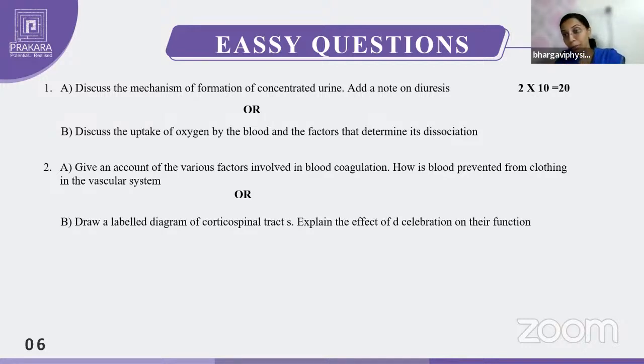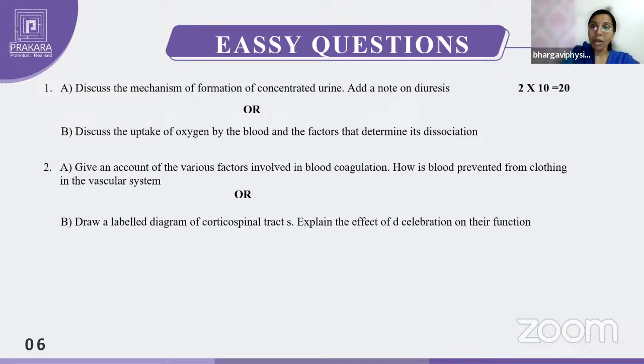Those points you have to mention, and downwards you explain it as anterior corticospinal tract and lateral corticospinal tract, and on which neurons of the spinal cord it terminates. Those points you have to write, and the effect on function: if at any level any lesion occurs, how it is going to be manifested. Okay, that you have to mention.